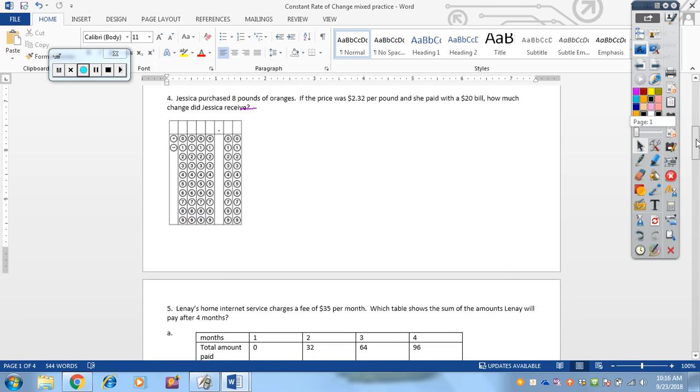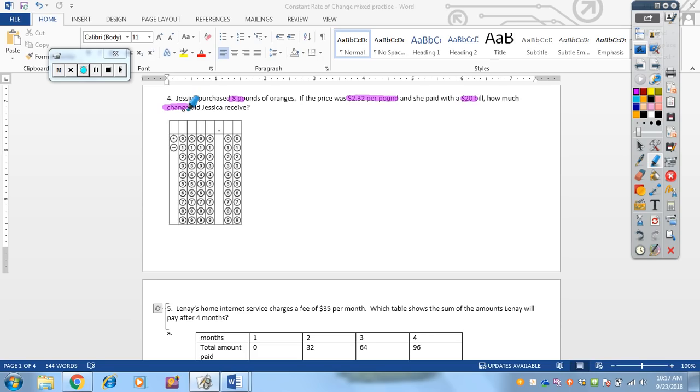All right, Jessica purchases 8 pounds of oranges. The price was $2.32 per pound and she paid with a $20 bill. How much change did Jessica receive? So we have 8 pounds of oranges, $2.32 per pound, $20 bill.